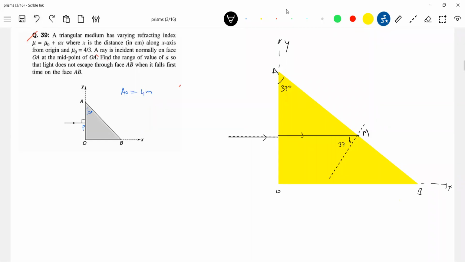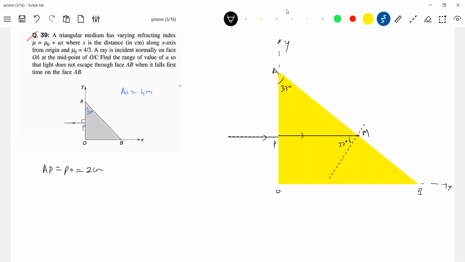So what is the question that is asked? Find the range of values of A so that light does not escape through the face AB. For that, what should be the condition? This 37 degrees should be greater than the critical angle. Okay, we know AO and AP is equal to PO, is equal to 2 centimeter.